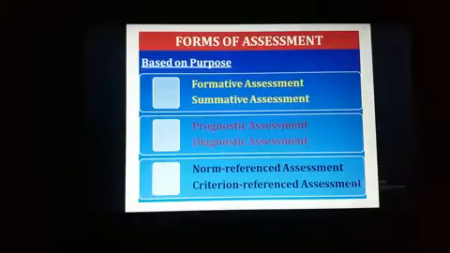Accordingly, we can also categorize assessment as prognostic assessment and diagnostic assessment. Prognostic is based on a predictive process, diagnostic assessment is based on remediation.